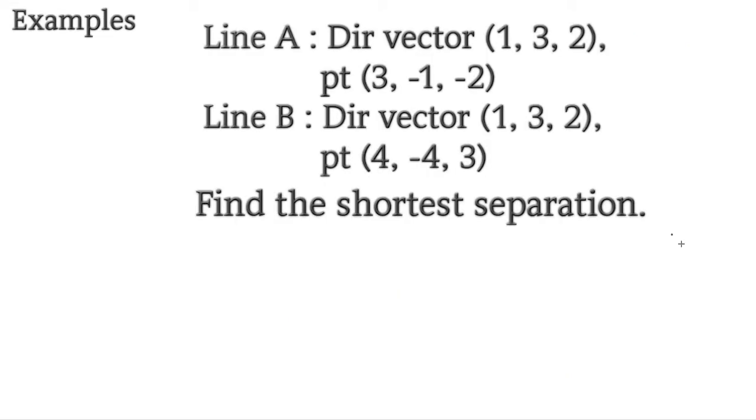Okay, parallel lines, this one, because the direction vectors are the same. We can first draw a simple diagram of parallel lines. We've got two points, say point a and point b.